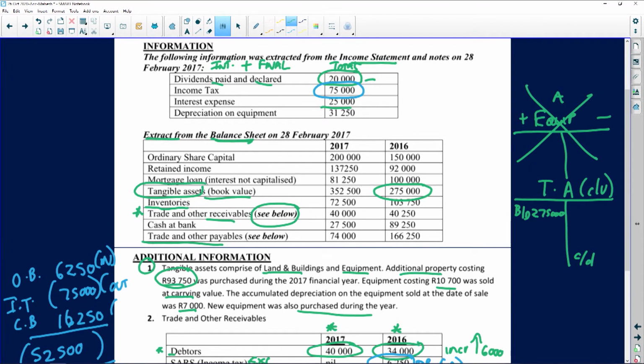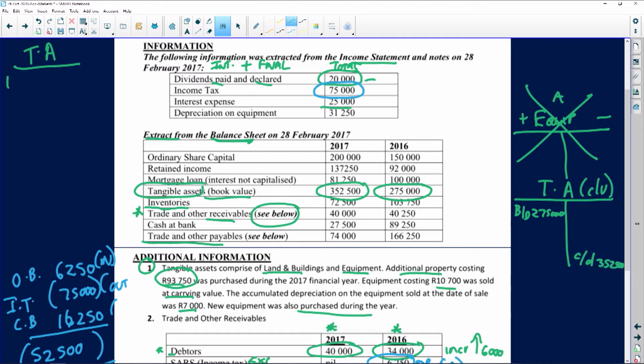Then at the end of the year, my tangible assets has a value of 352,500. Okay, hopefully you guys can see that. Now what I'm going to do on this side of the screen, let me just quickly draw up the note for tangible asset, and you guys decide which you prefer.